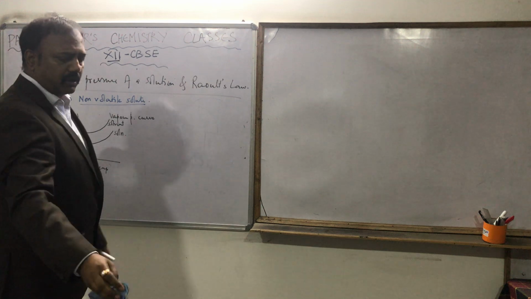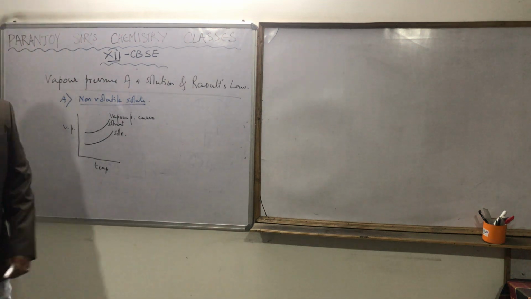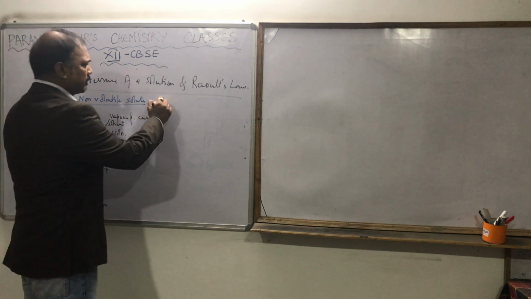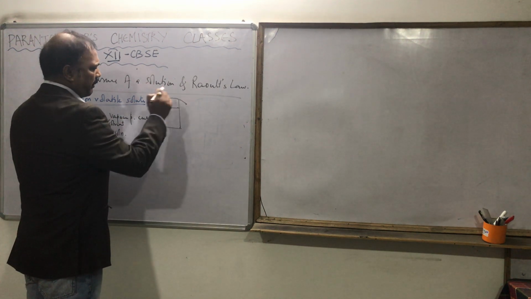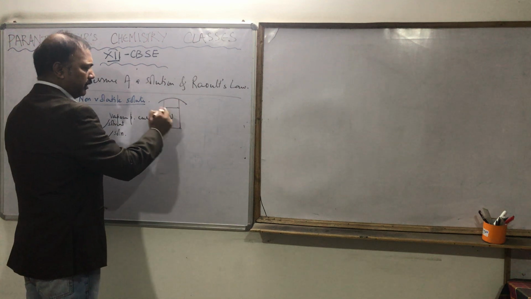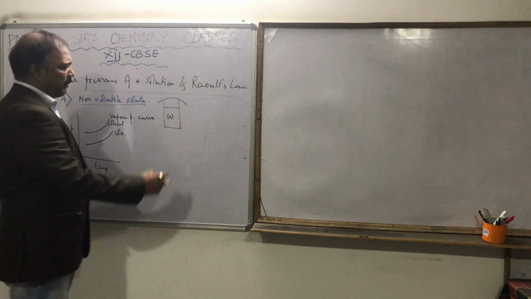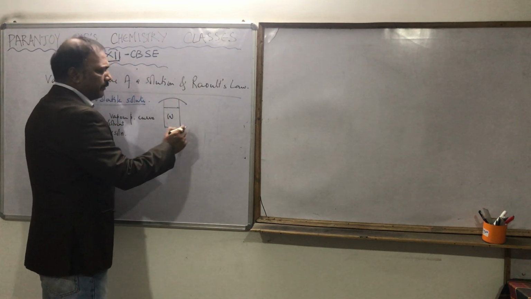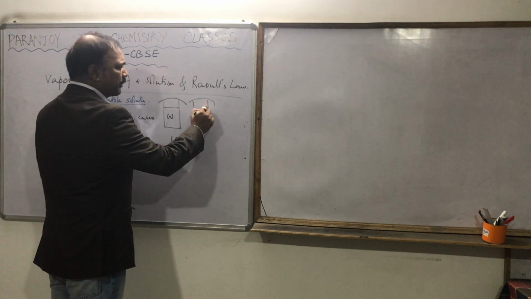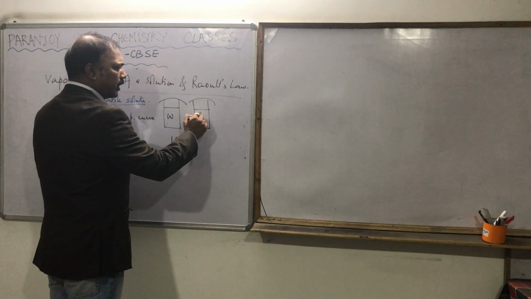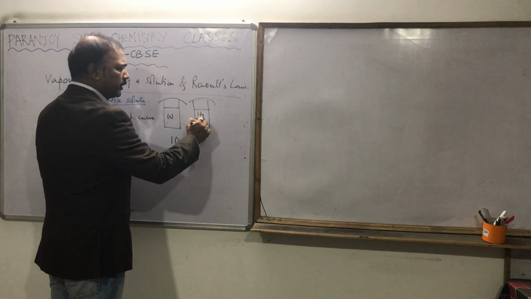Now what Raoult observed, it's very simple observation obviously. Suppose again I had taken some amount of water and we measured the vapor pressure. This is only water. We had measured the vapor pressure. Suppose the vapor pressure is 10. Now we have taken the same amount of water and added suppose 1 teaspoon of sugar to it.